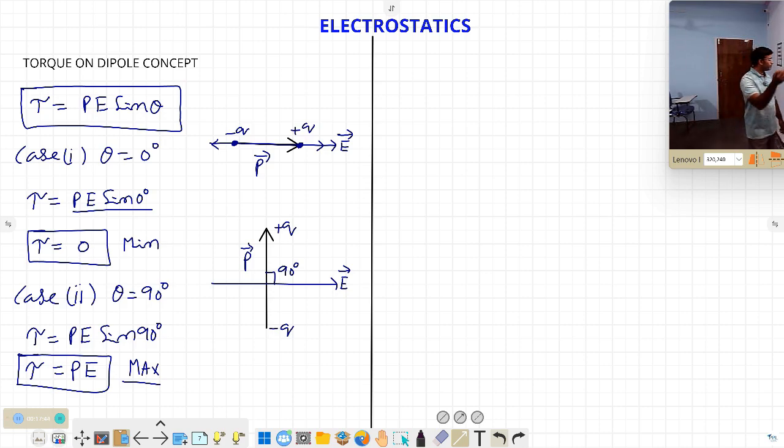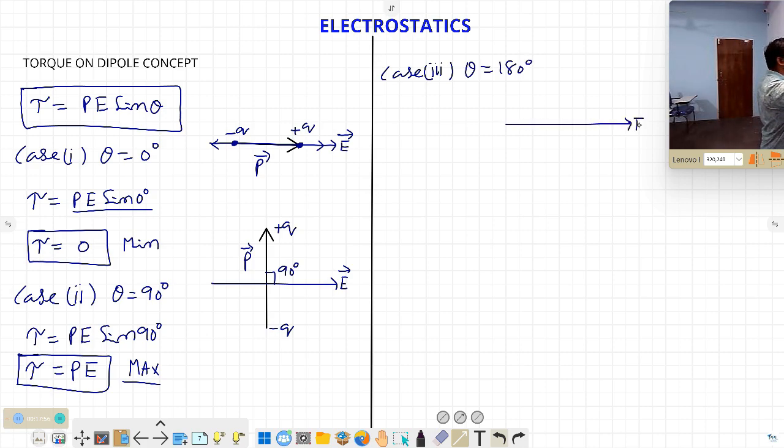Next, case 3. If theta is equal to 180 degrees, in this case, what is the torque? This is the direction of the electric field, as a vector. Now, if the dipole is placed in the opposite direction, this is the way I am keeping the dipole.